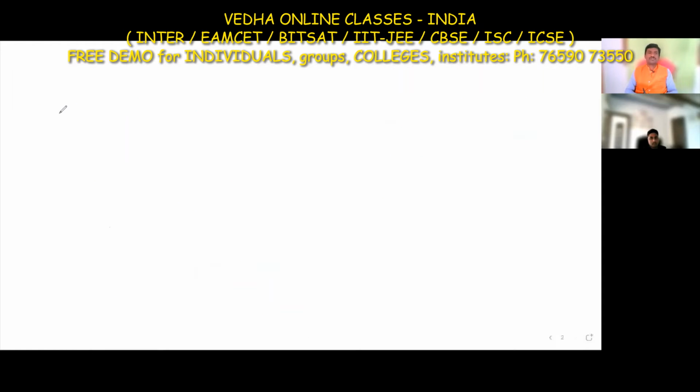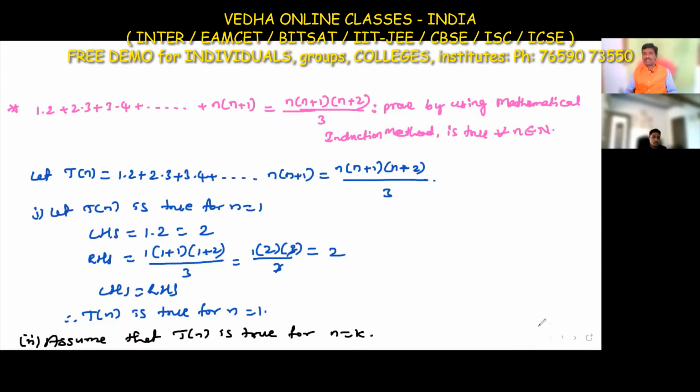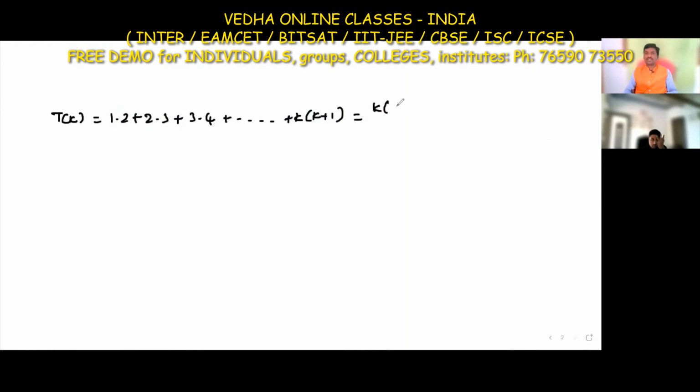Then T of k is 1 into 2 plus 2 into 3 plus 3 into 4 and so on plus k into (k plus 1) is equal to, in place of n I am writing k here, k into (k plus 1) into (k plus 2) divided by 3.